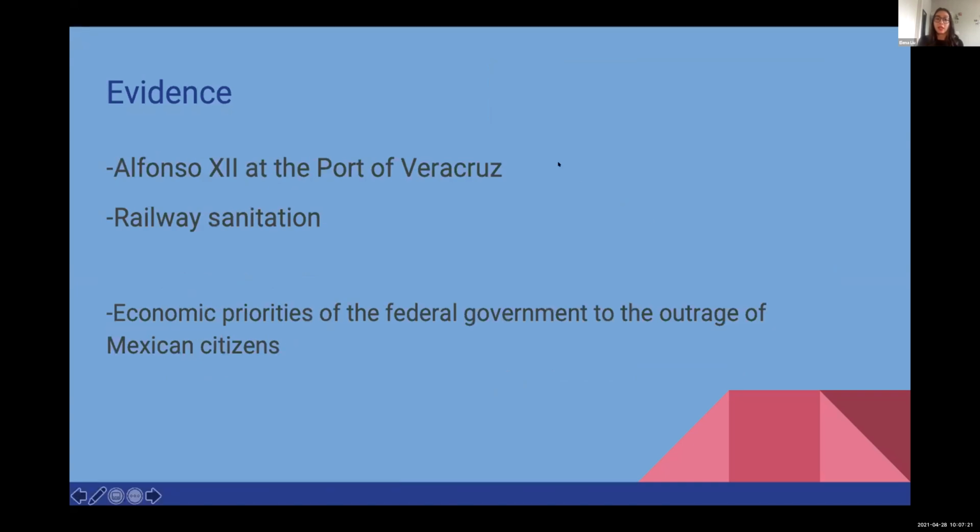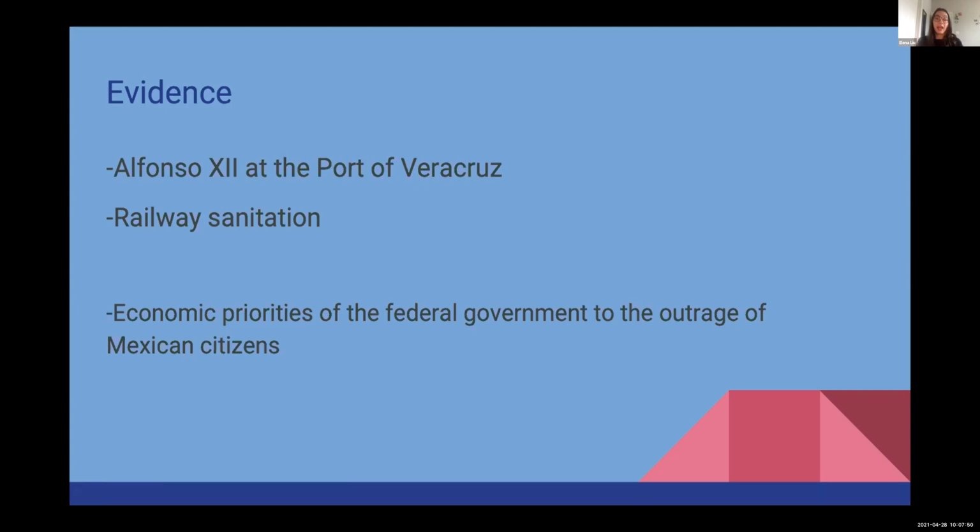Finally, the last thing I want to touch on is commerce lines. So we have boats, barges, and trains. There was a lot of uproar because the Mexican government basically allowed these vessels carrying sick passengers to dock or stop in Mexico, and just mandated that people who were sick could not leave the boat or could not leave the train, or had to be quarantined to a certain area of the city.